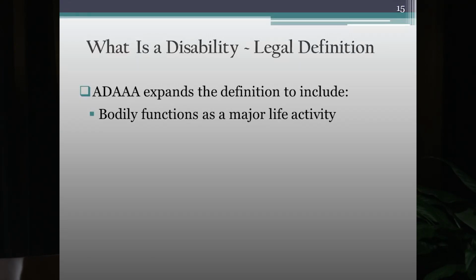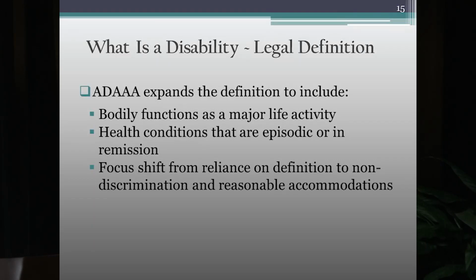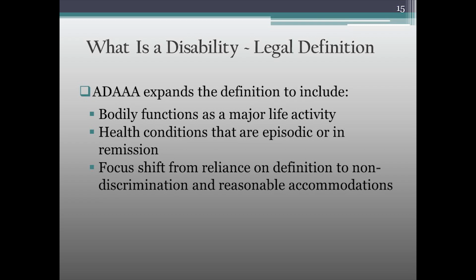Remember that the Americans with Disabilities Act Amendments Act also expanded the definition of disability to include bodily functions as a major life activity, and health conditions that are episodic or in remission are also now considered disabilities. The reason for this was to shift the focus from what the individual's disability was to focus more on non-discrimination and reasonable accommodation.